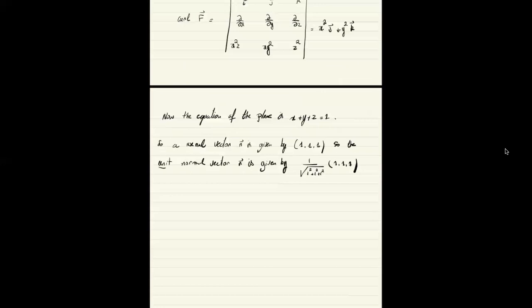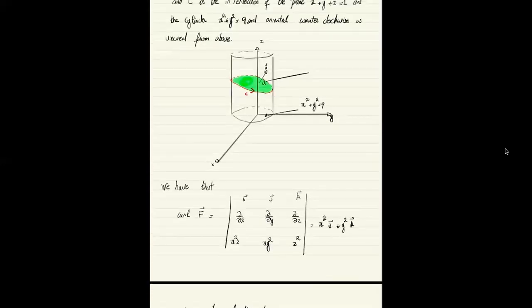Because when you have a plane, what we got was just a normal vector. Now you have to rescale it so it's going to give you a unit normal vector. And the good news is it's the same one everywhere because it's a plane, right? It's not a curved surface.